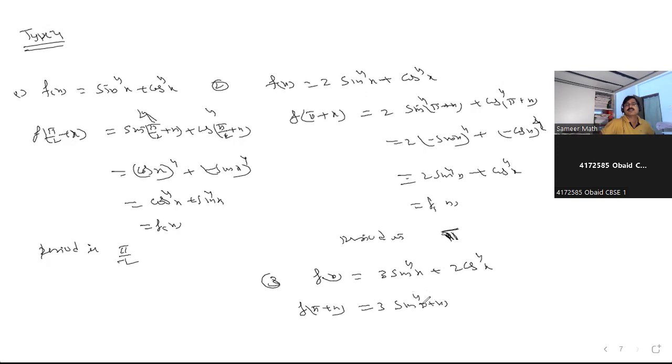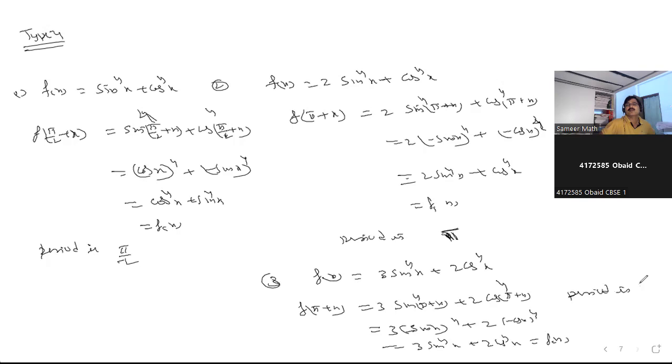That's the reason we will get cos pi plus x to the power of 4. See here, 3. Of course, we are getting minus, because of the even power, it becomes plus in both cases. So you will get here 3 sin to the power of 4x, 2 cos to the power of 4x. That is f of x. What is the period here? The period is pi. Okay, is it clear?